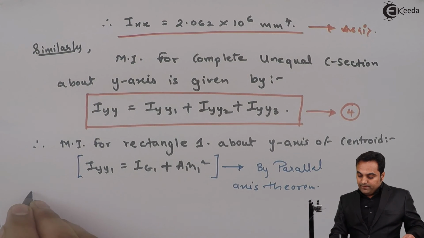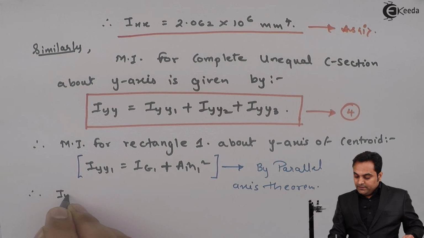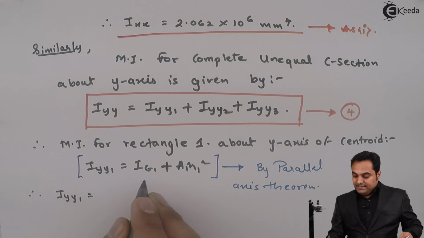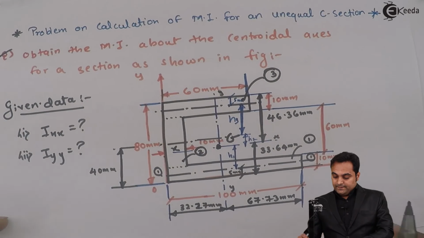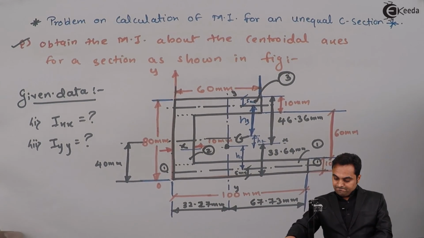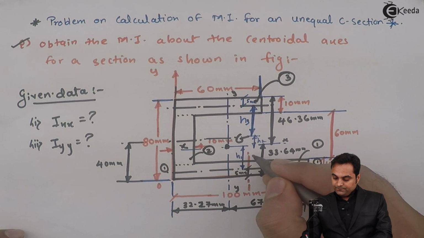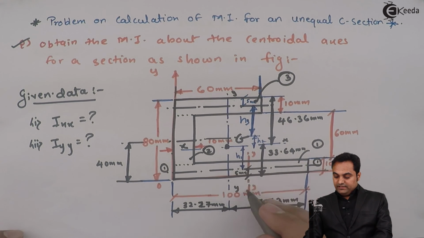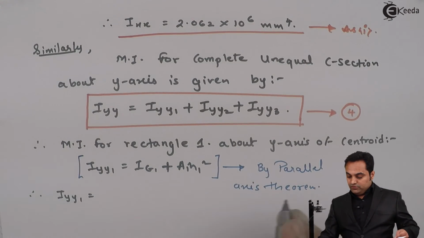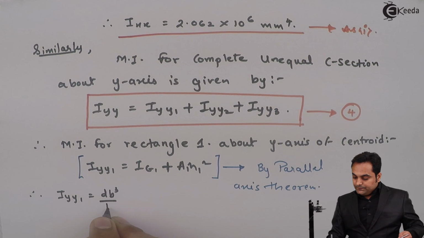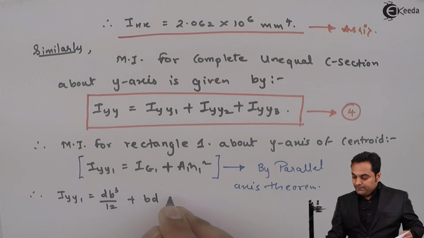So we are using parallel axis theorem, and IG1 for rectangle number 1, for this B is 100 and D is 10, so it is dB cube by 12 plus area, which is B into D, into H1 square.